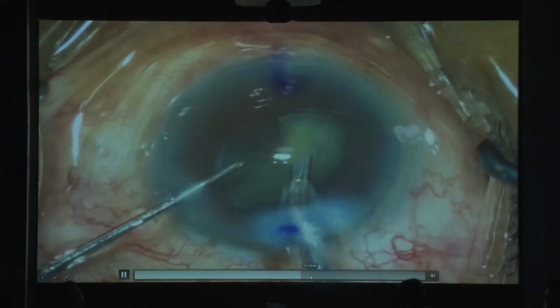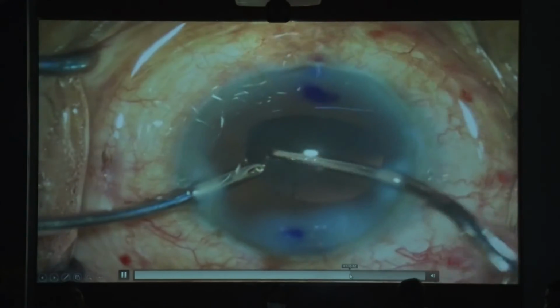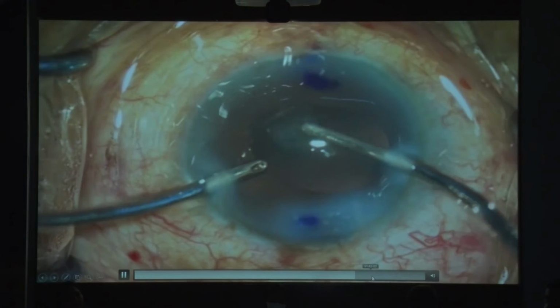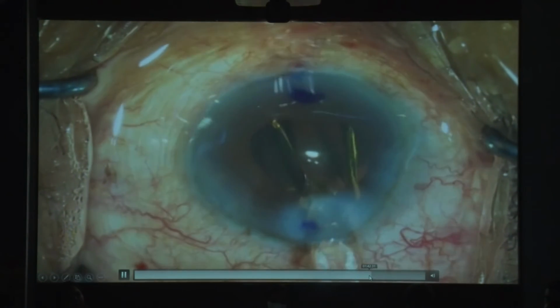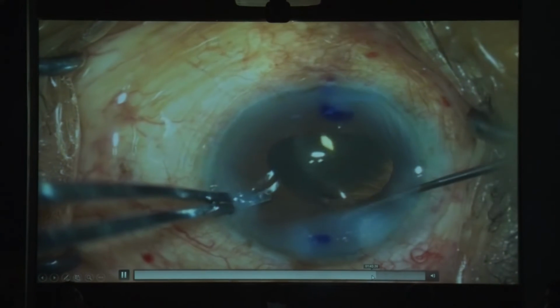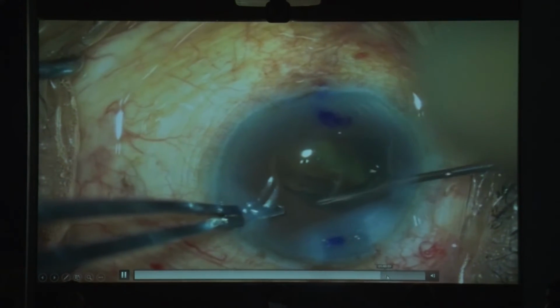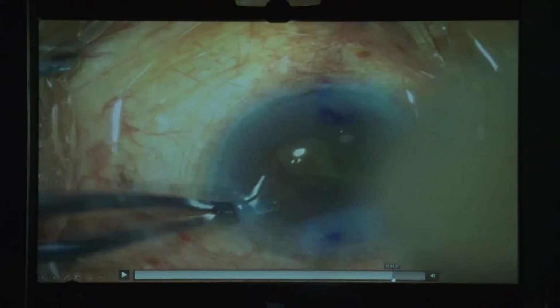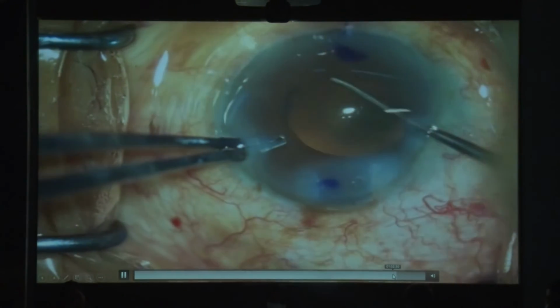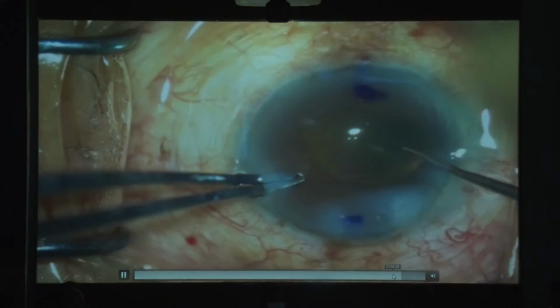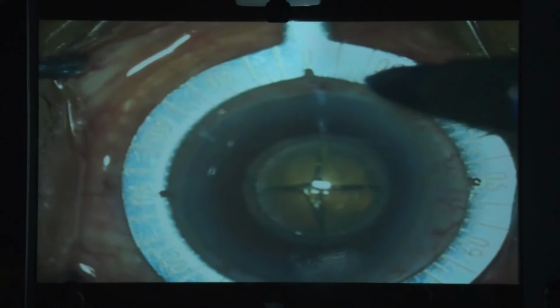Just augment it with a pen mark, and this is as the pupil came down. Normally I would not put it under visco, but here you can just compare it, and it matches.